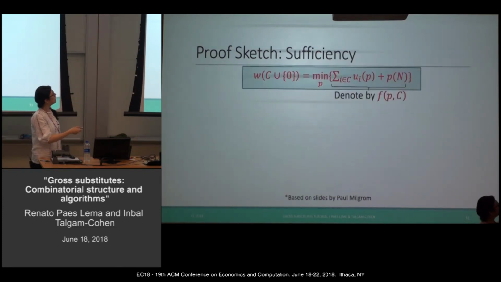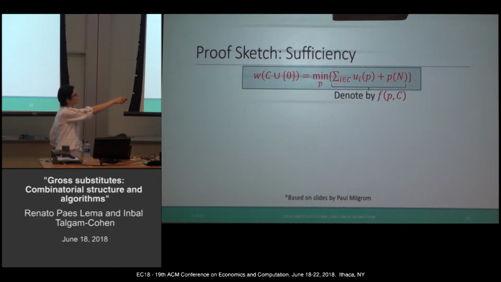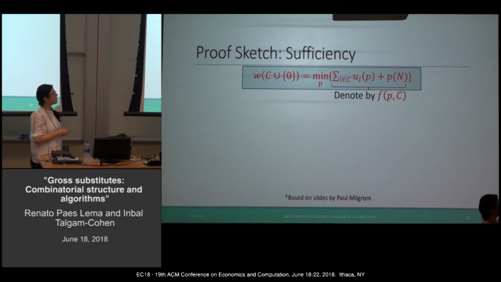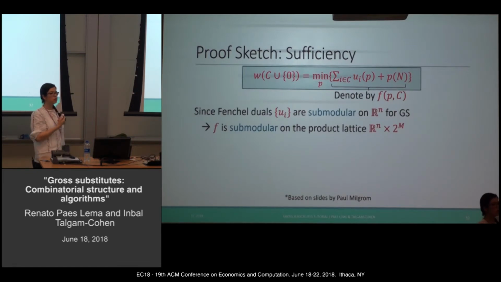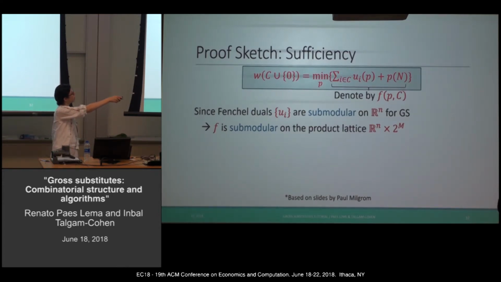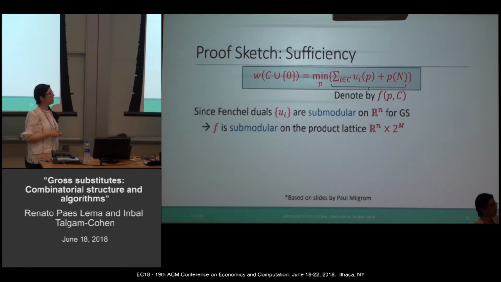Great. I copied it onto the next slide. And now let's take the part within the minimization and call it f, a function of the price vector and the coalition. Since the differential duals are submodular because we're working with gross substitutes, this function f is also going to be submodular on the product lattice of prices and coalitions.